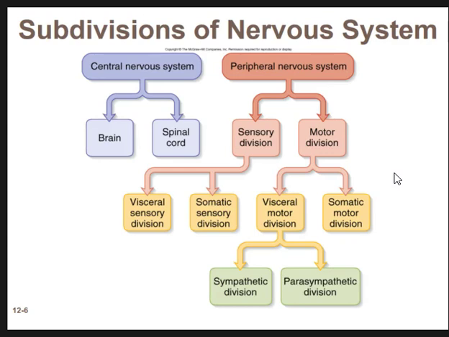The sympathetic division is your fight-or-flight system, so it gets kicked on when you're excited and energetic or scared. Whereas the parasympathetic division is your rest-and-digest system. This is when you're tired and sitting around after a Thanksgiving meal, digesting and falling asleep watching football. That's when your parasympathetic division is running. We'll spend a lot more time on that later, but I wanted to make sure that was clear because I think it got rushed.